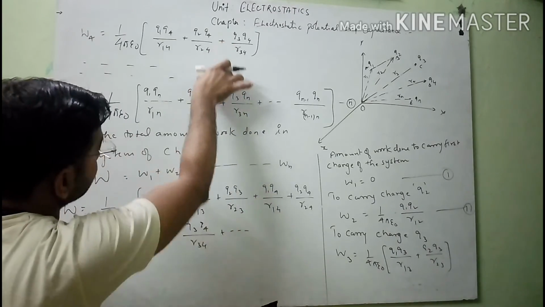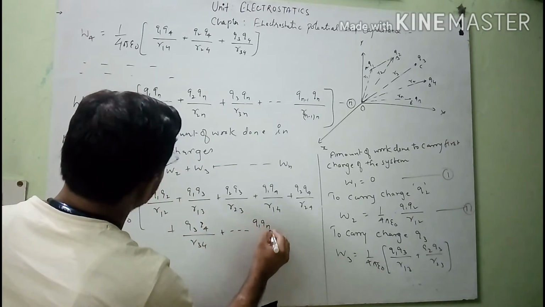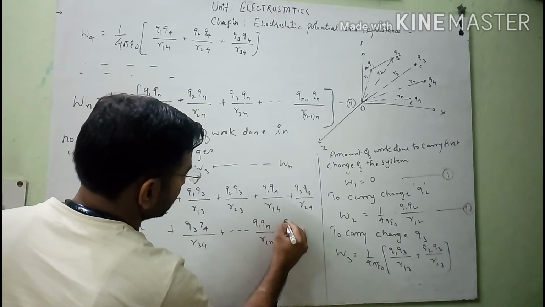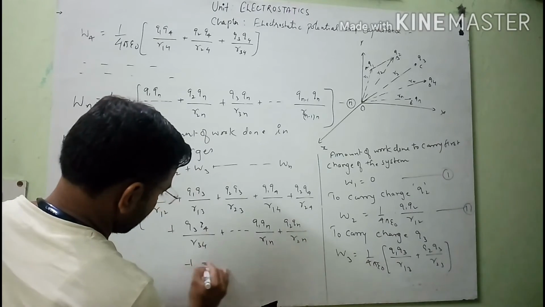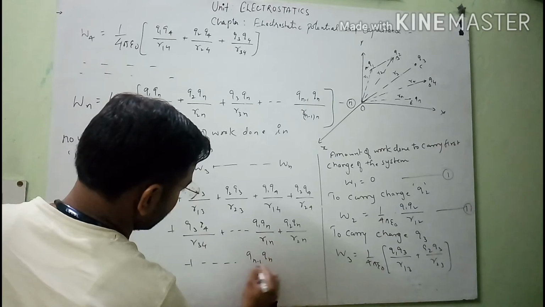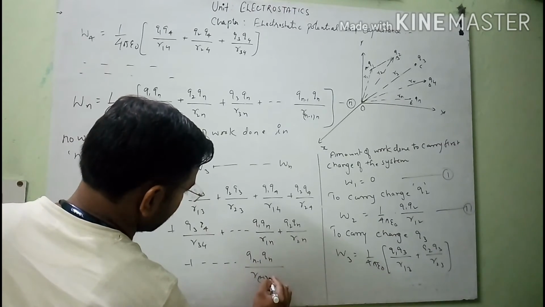After that we will write the last steps, not all, I can write some steps here: Q2 Qn over R2n, and at last Qn minus 1 Qn over Rn minus 1 n.